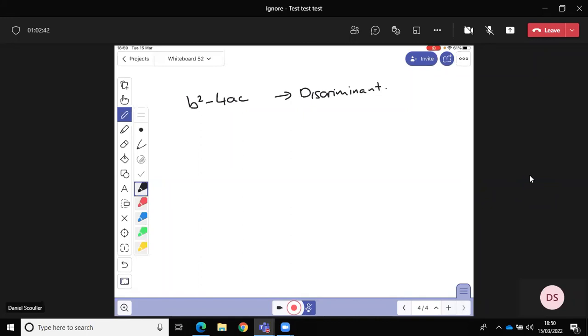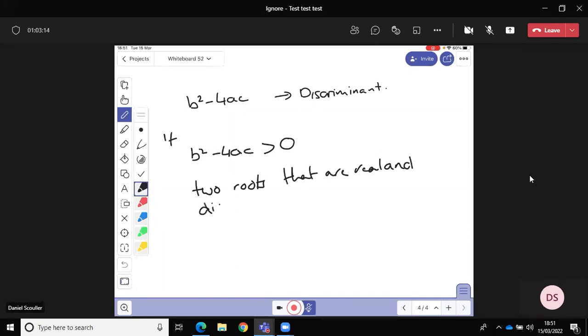If it's greater than 0, what it tells you is there are 2 roots. So if b squared minus 4ac is greater than 0, it means there are 2 roots that are real and distinct.